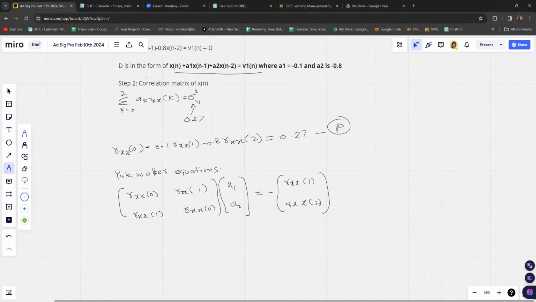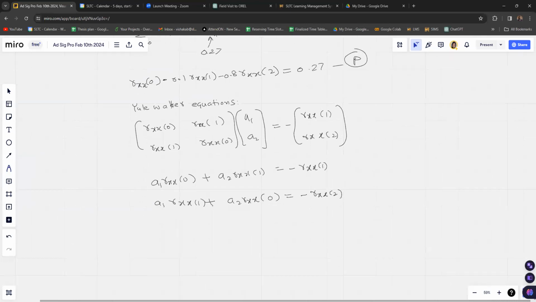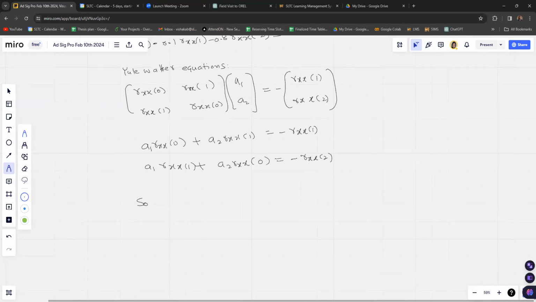If we consider this first line, we can solve these equations and find the values of Rxx0, Rxx1, and Rxx2. There are three equations, and we can find those values.